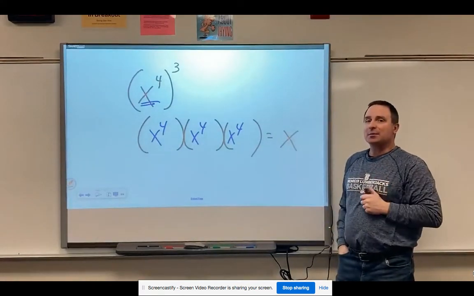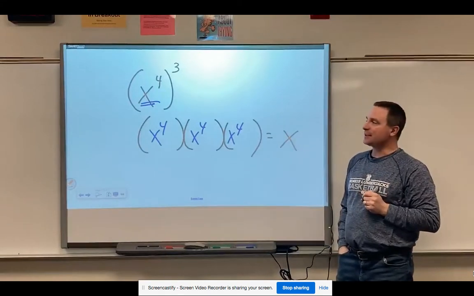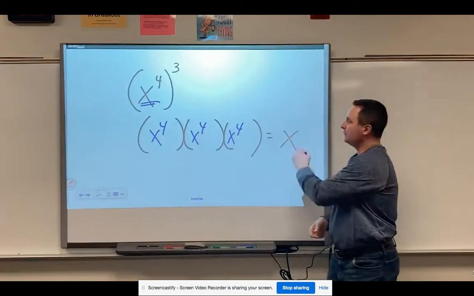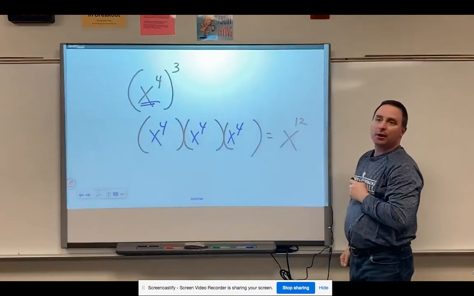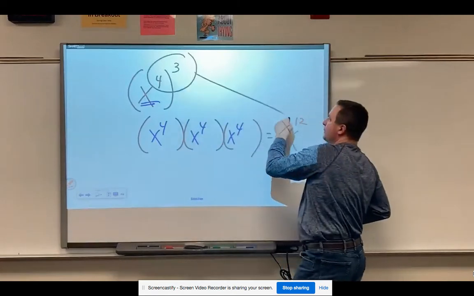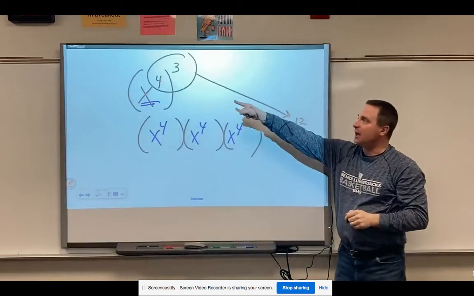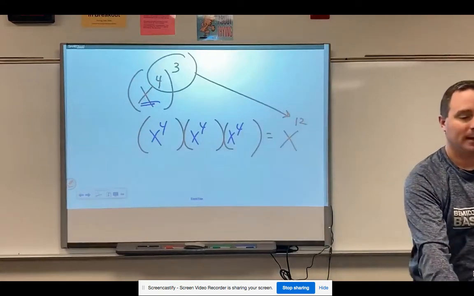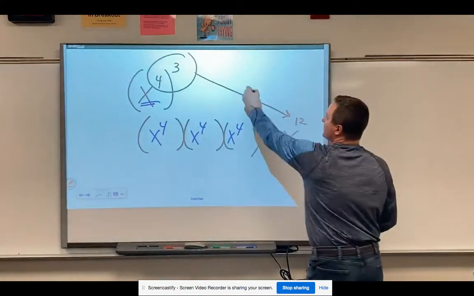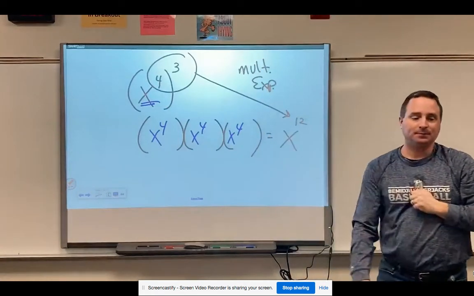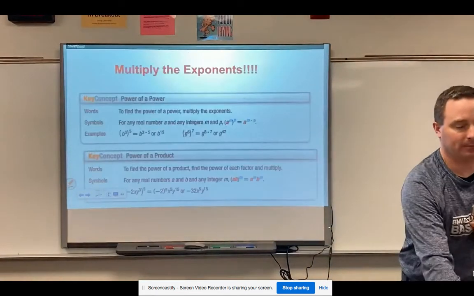And if I add those exponents together, how many x's will we have all together? 4 plus 4 plus 4. We're going to have x to the 12th power. Okay? And like I said, is there a relationship between a power to a power and the exponent there? And just as you think it is, we're going to multiply the exponents together. That's kind of what I have right here.